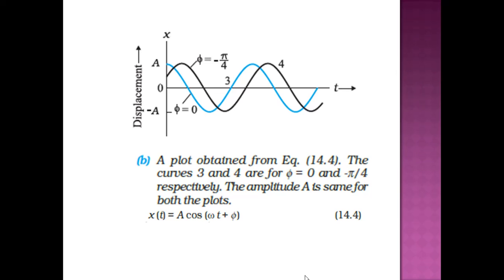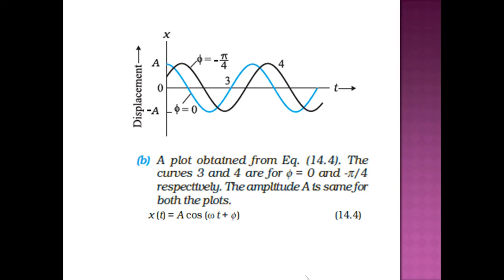So it follows the equation x(t) equal to A cos(omega t plus phi). Phi is 0 for the blue graph. What about the black graph? The black graph does not have its maximum at 0. It has already passed pi by 4. So phi is minus pi by 4 here.